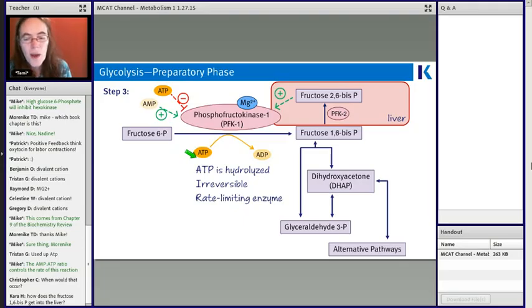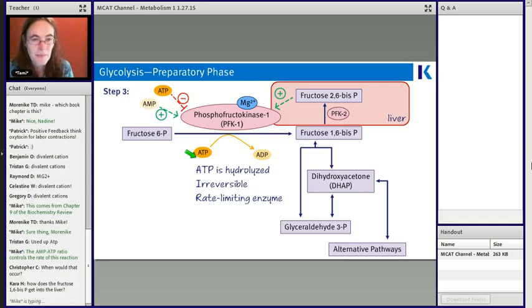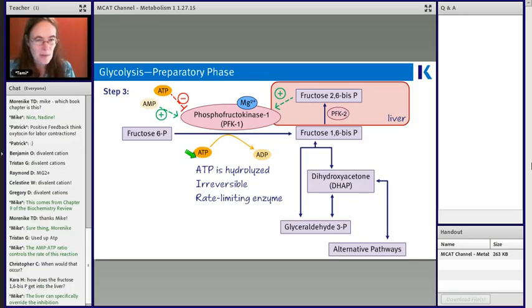So it's overriding the inhibition in the liver specifically. So the liver is going to be using and needing more energy depending on what it's doing. Okay, depending on if it's converting urea, if it's detoxing cells, whatever that happens to be. So realize that that happens only in the liver. It's not that the liver sends it out to other cells. Okay, so it's the liver that specifically overrides. Does that answer both of those questions?